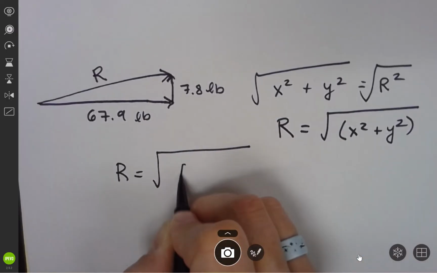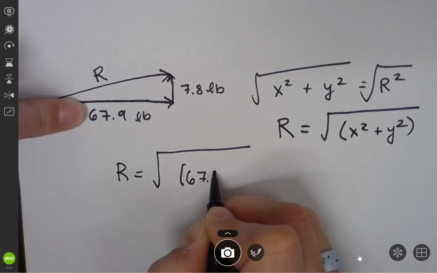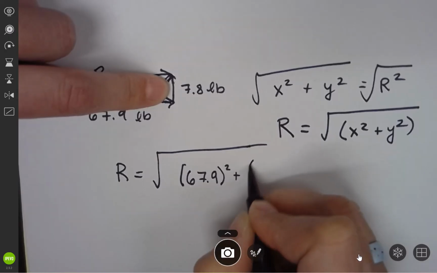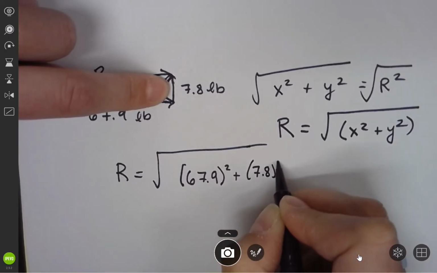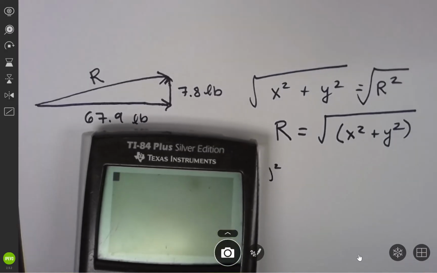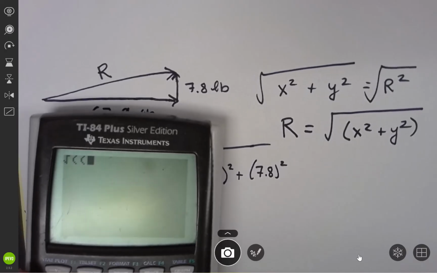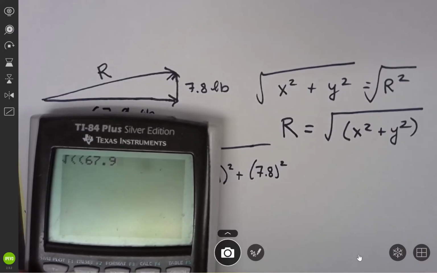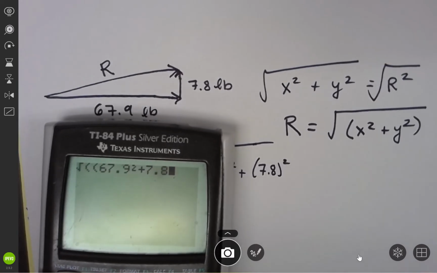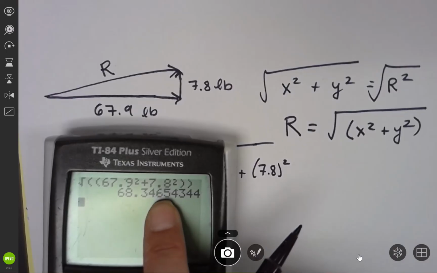Square root of, in my calculator, I have to find what 67.9 squared is, plus whatever 7.8 squared is. So in my calculator, I'm going to use the square root symbol, and then in parentheses, I need 67.9 squared plus 7.8 squared, and that is the length of my resultant vector.